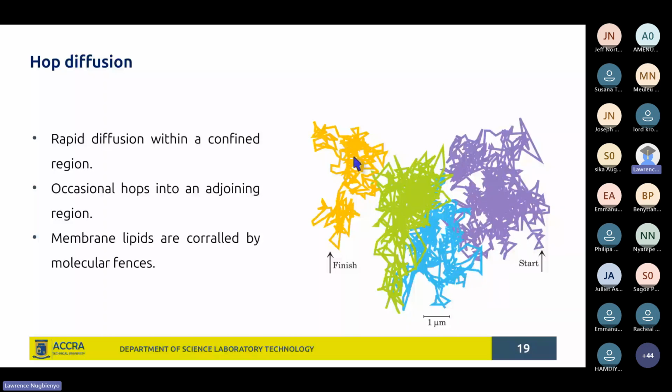So for instance, you take the yellow movement lines which are shown, you realize that phospholipid is moving around a particular region throughout, and then at a point it makes some occasional hop to a different region. And so that is what is being referred to as hop diffusion.